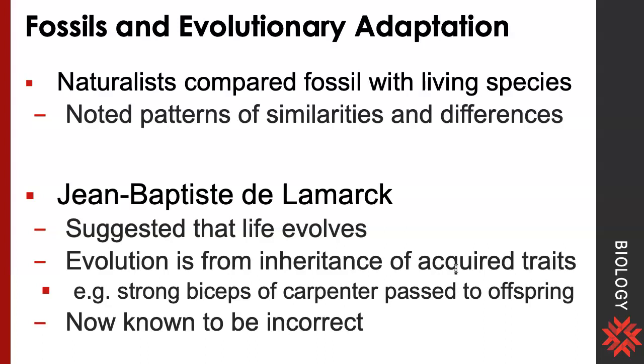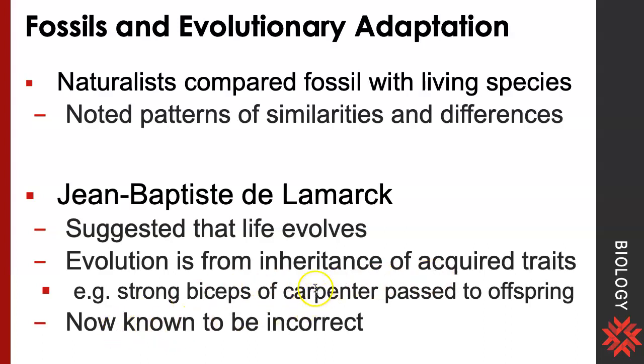He said that a giraffe's neck is really long because throughout its lifespan, that giraffe is stretching up its neck all the time. And because it's stretching up its neck, slowly its neck is gradually growing a little bit over time. And so because the mom giraffe was stretching its neck out all the time, now a baby giraffe is going to have a really long neck too. We know now that that is not correct.